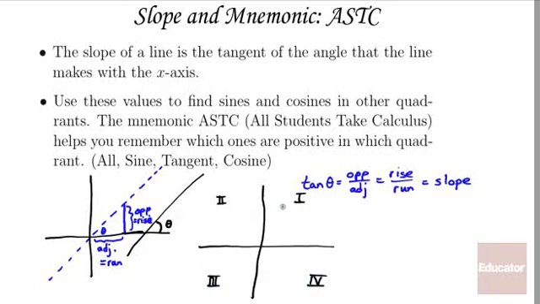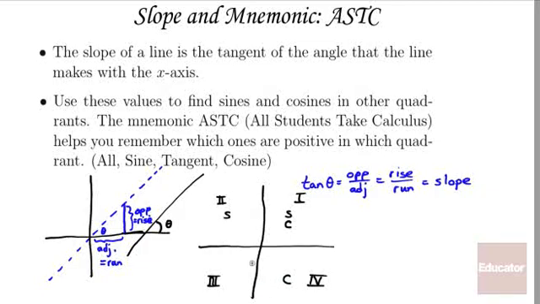And let me label the positive ones. Remember, sine corresponds to the y value, so sine is positive in the top two quadrants, negative in the bottom two. Cosine corresponds to x values, so cosine is positive in the first quadrant and in the fourth quadrant, and negative in the other two quadrants.